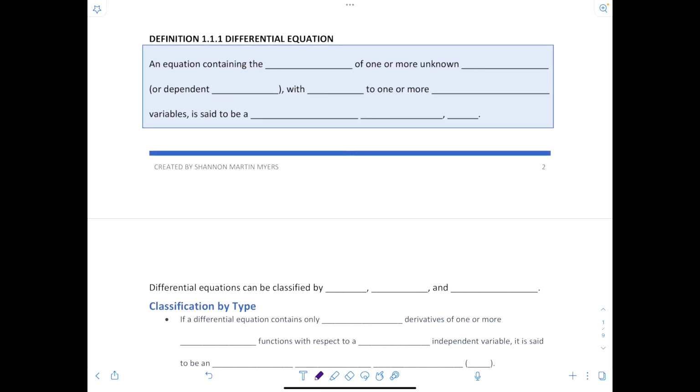An equation containing the derivatives of one or more unknown functions or dependent variables with respect to one or more independent variables is said to be a differential equation. And we shorten that by saying DE.